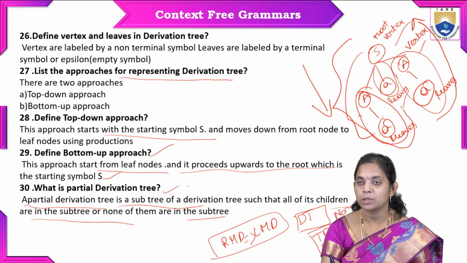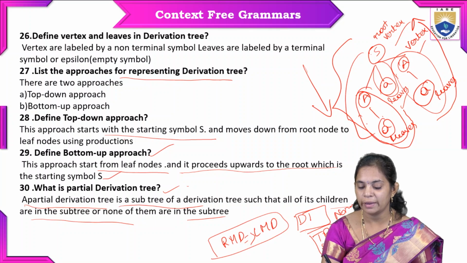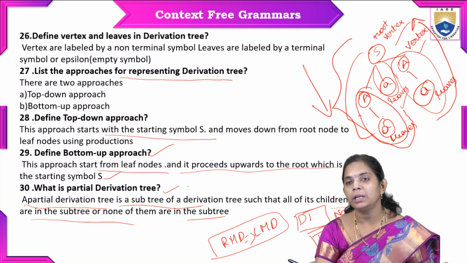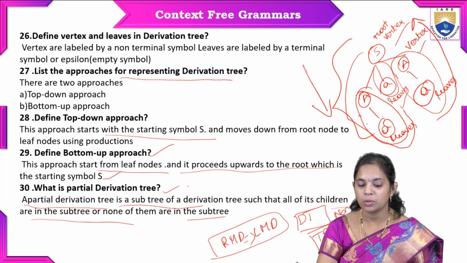Normal forms are important, and in that we have CNF and GNF: Chomsky normal form and Greibach normal form. These are all the important things we need to observe in context free grammars.